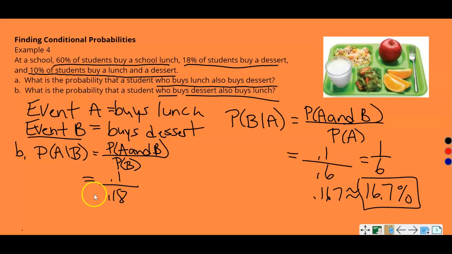Again, since we don't usually use decimals and fractions together, we can change this to 10 over 18. If we want to reduce that, we can reduce it to 5 over 9. But let's see what that is equivalent to as a percent.